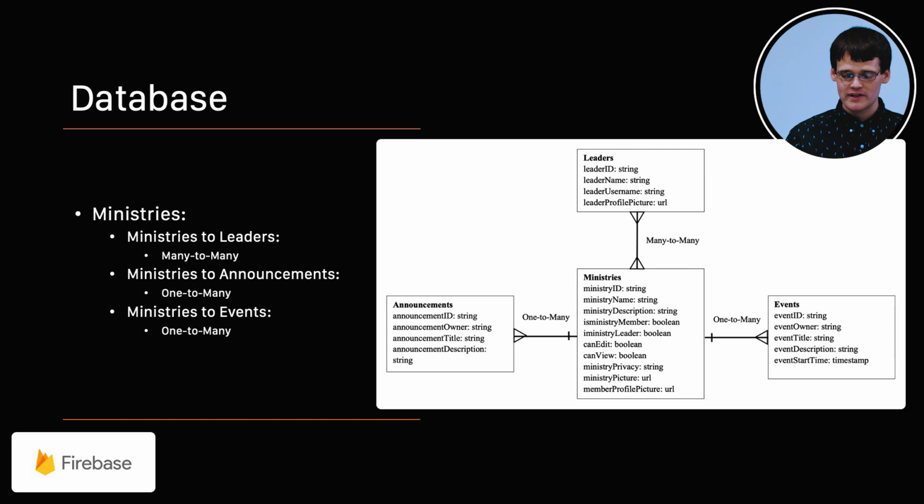And for announcements, you got one-to-many because there's one ministry for that announcement, but there could be multiple announcements coming in. Same for events. You got the one ministry, but with multiple events coming in.